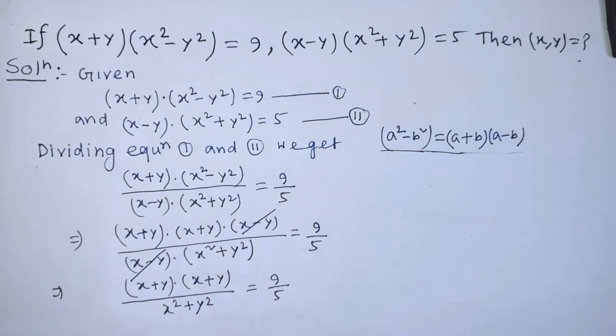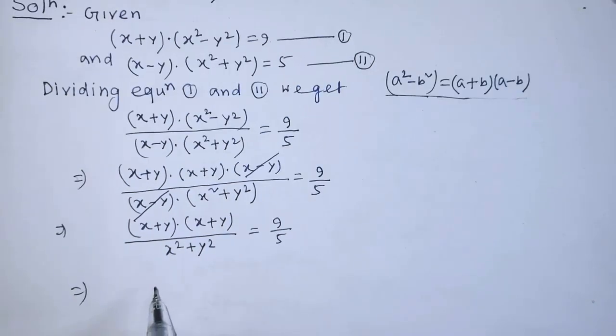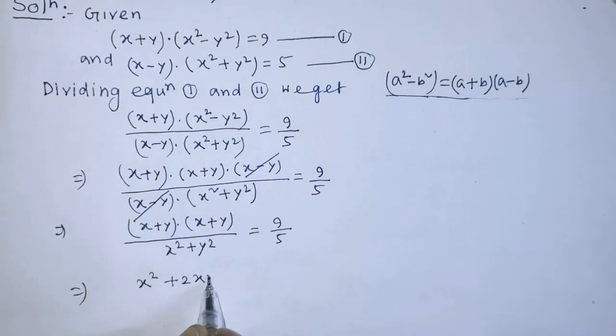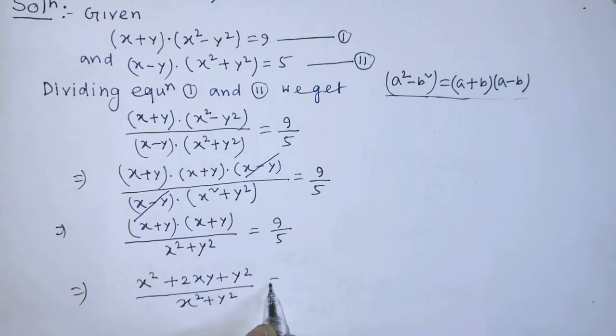After that, in the numerator we write the product of (x + y) and (x + y), which is x² + 2xy + y² over x² + y² is equal to 9 over 5.